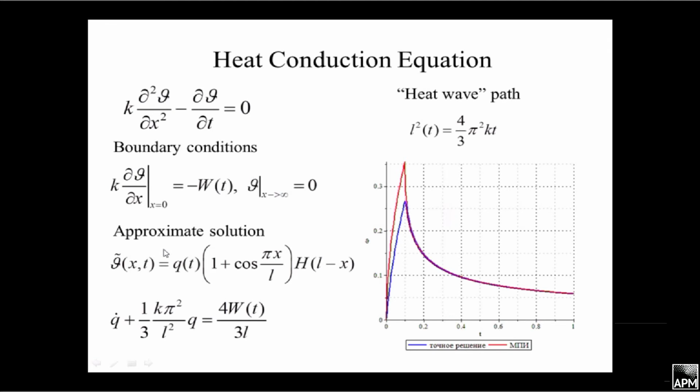We'll search in this form using only one term from the series. You see the red line is an exact answer of this problem, and the blue one is the approximation. So see that they correlate well with each other.